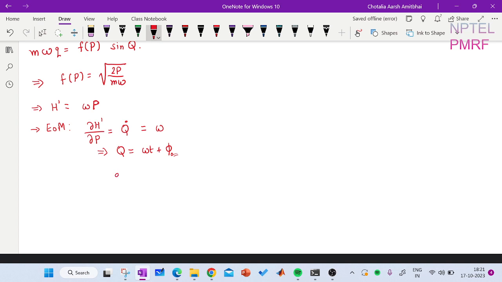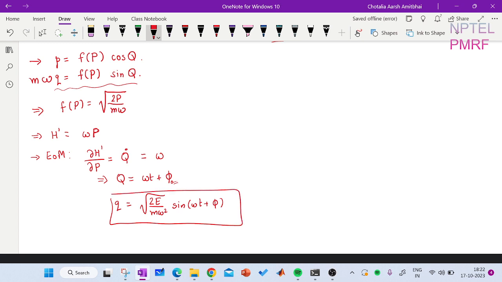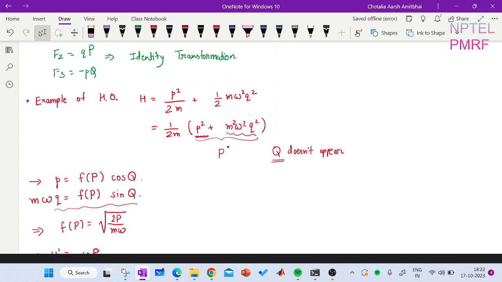And that means q, which was defined through this relation, is square root of 2e by m omega square sine of omega t plus phi. So you see, we never solved the pendulum equation or anything.